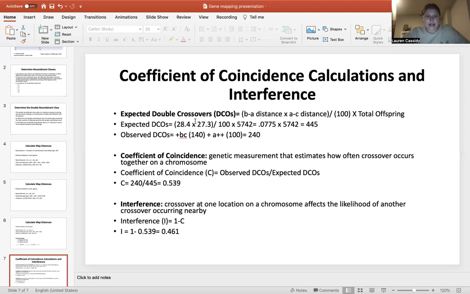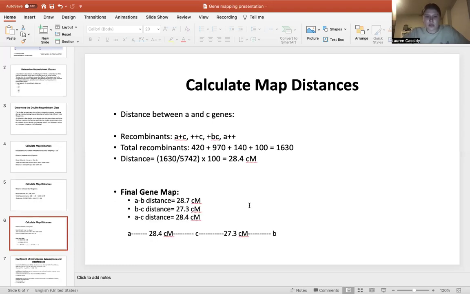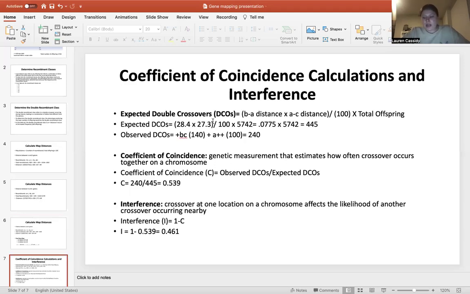So for expected, we have our 28.4 times 27.3, which was found previously. And we divide that by 100, and that produces a total of 445. And then we have our observed of 240.